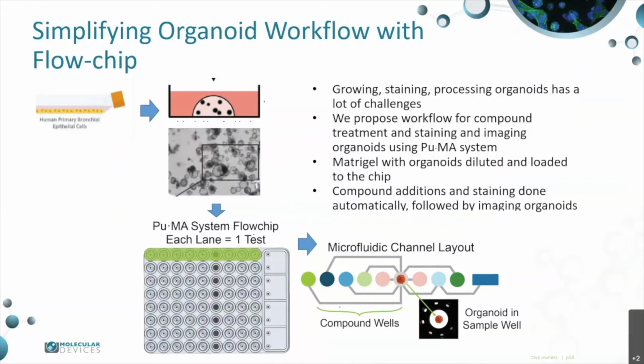The workflow includes expansion of cells in 2D and then culture in Matrigel droplets, with media exchange. This process is pretty long and involves several weeks of culture and then maturation of those organoids. And then at the end, we would like to treat them with compound and see the effect. In our experiments, we wanted to see effect on cell viability.